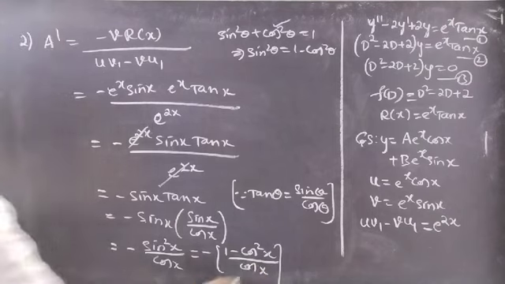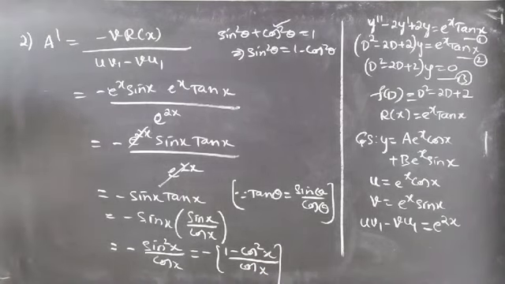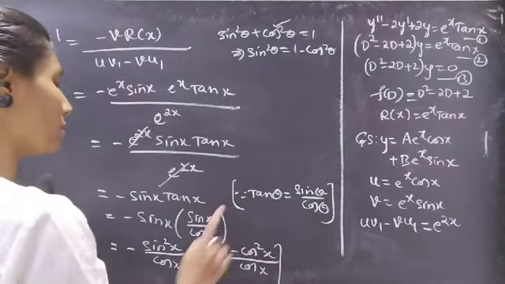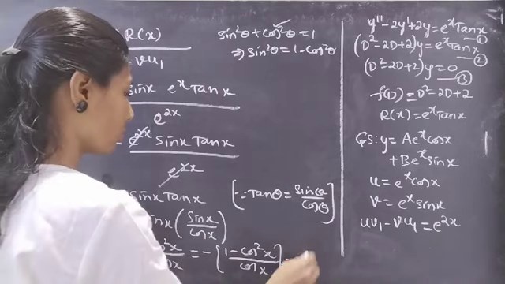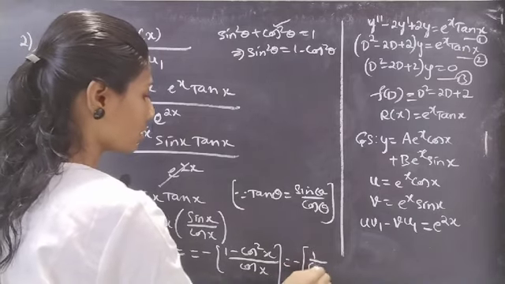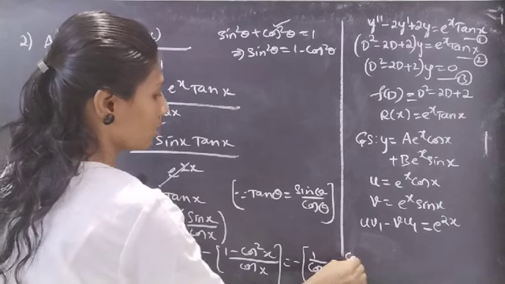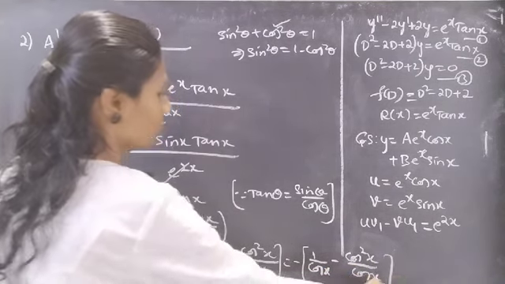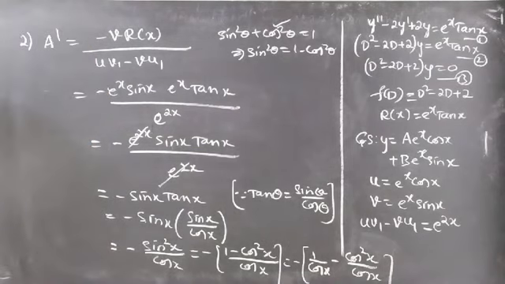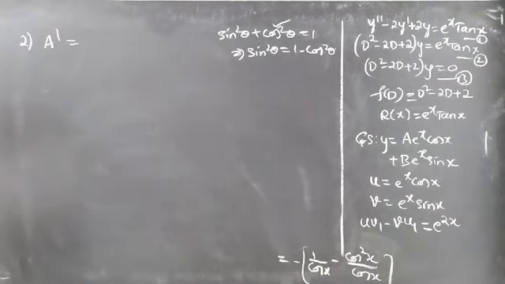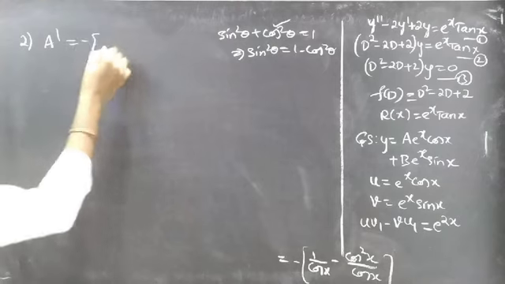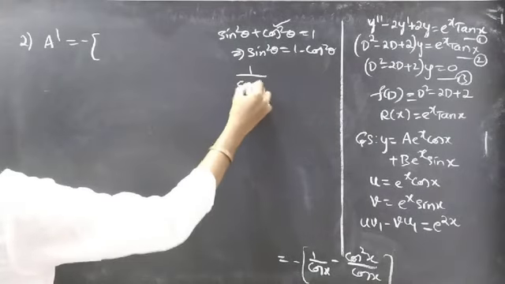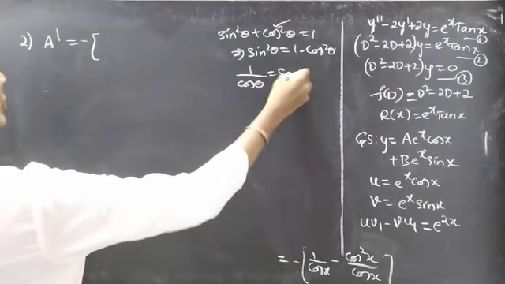In the numerator we have two terms and in the denominator we have one term, so we'll express it as two terms. We'll get minus of 1 by cos x minus cos square x by cos x. Then a dash equals minus of the reciprocal of cos theta, which is secant theta.